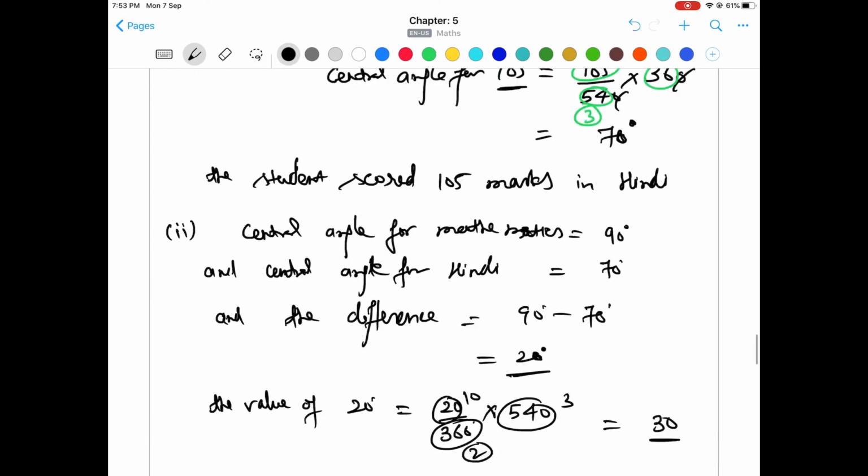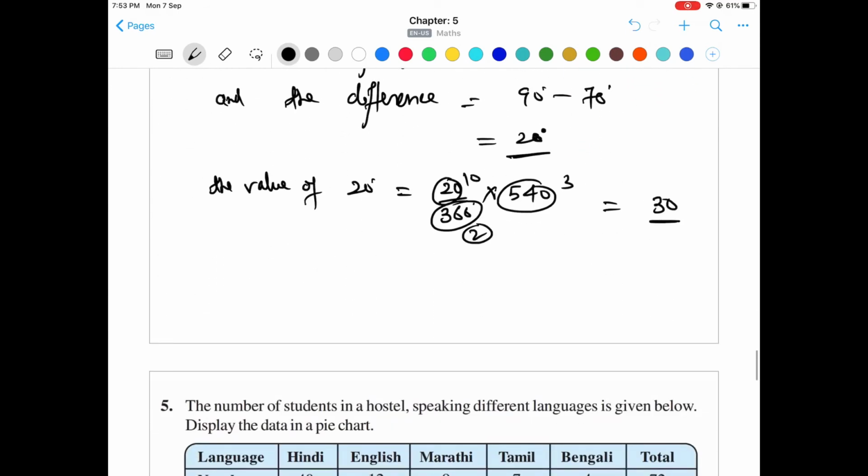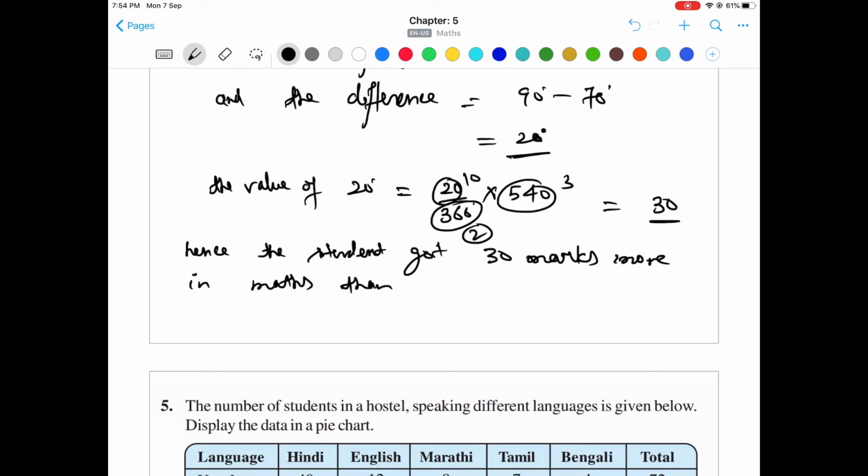So the student has got 30 marks more in maths than in Hindi. Okay, hence the student got 30 marks more in maths than in Hindi.